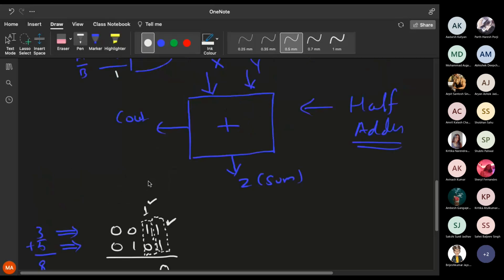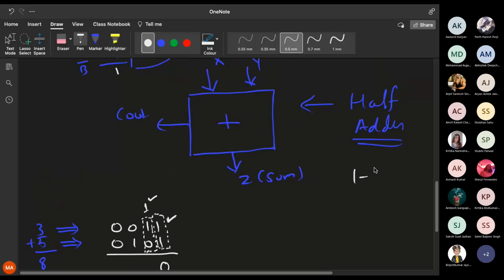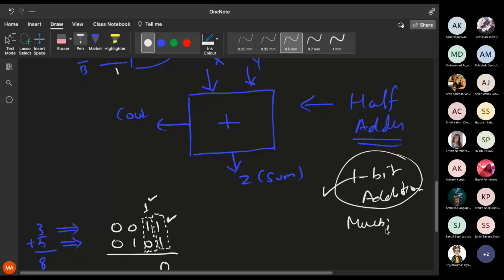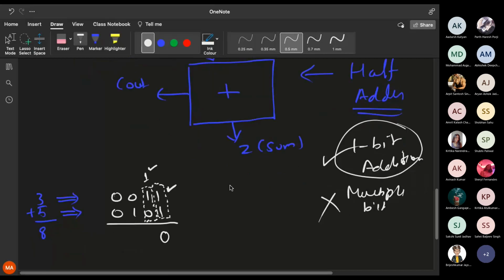It is good for just a single bit addition. For one bit addition it is very good and does perfectly fine. But when you have to add multiple bits, that is not possible. Why? Because it is not considering the carry, the previous carry.